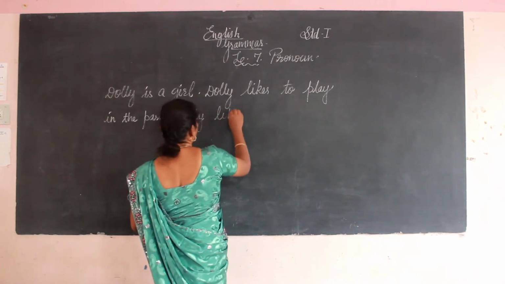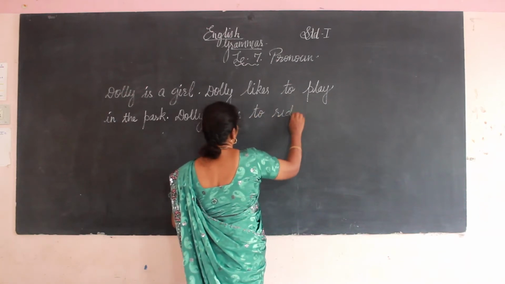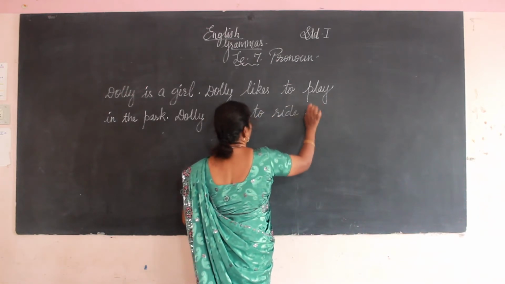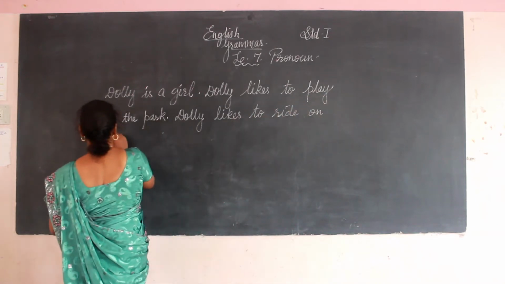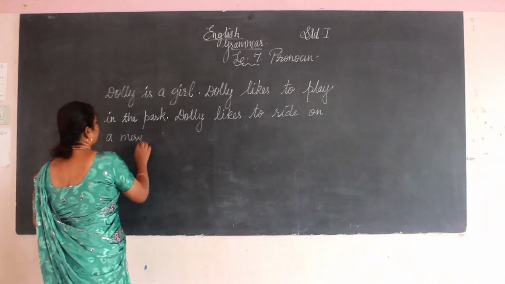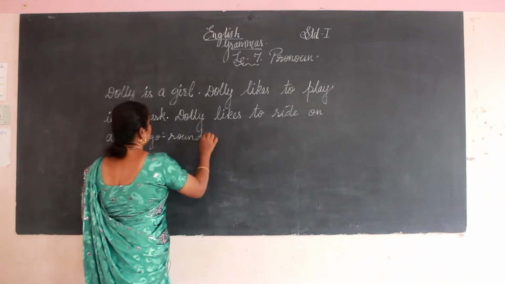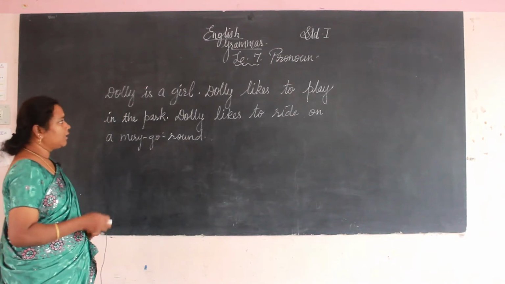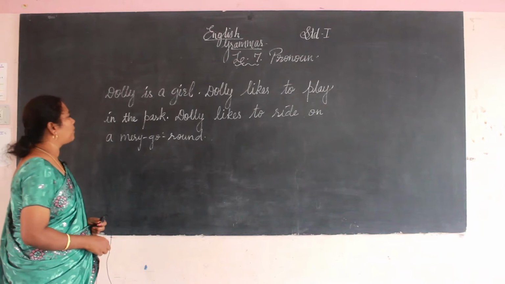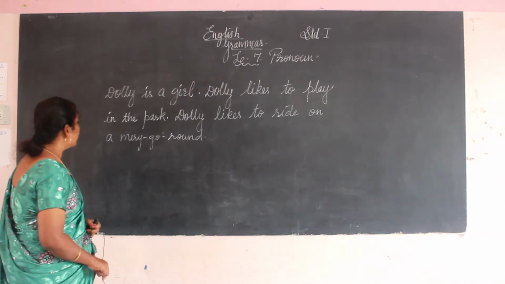Dolly likes to ride on a merry-go-round. Okay, see the sentence here. Dolly is a girl. Dolly likes to play in the park. Dolly likes to ride on a merry-go-round.